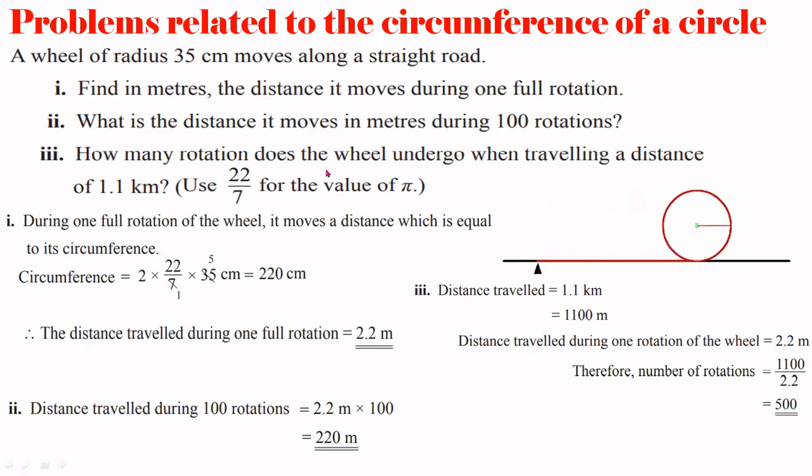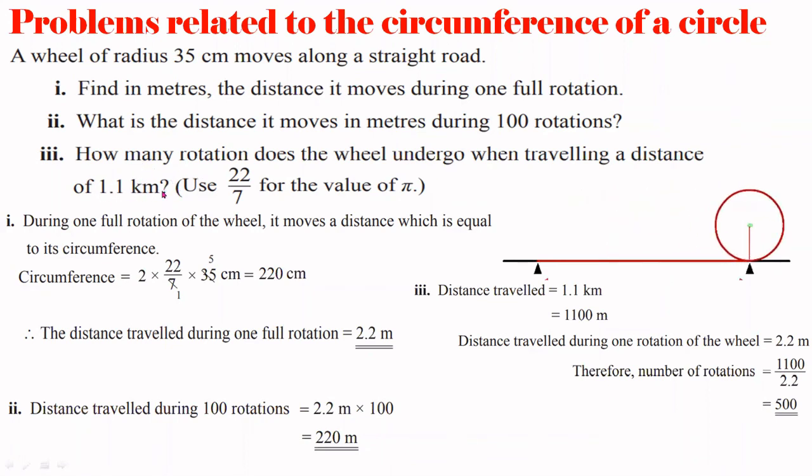Part 3: how many rotations does the vehicle undergo when traveling a distance of 1.1 kilometers? When it travels 1.1 kilometers, how many rotations? You know one rotation is 2.2 meters. So you have to find how many rotations there are for 1.1 kilometers.